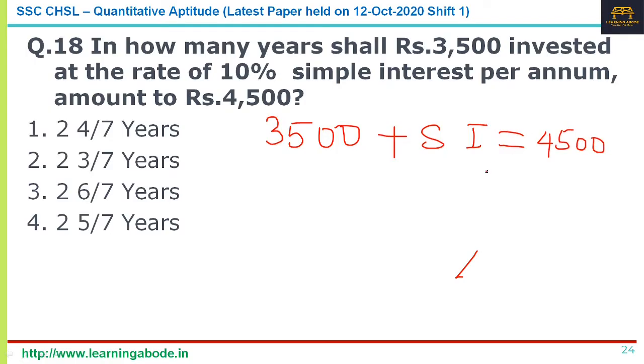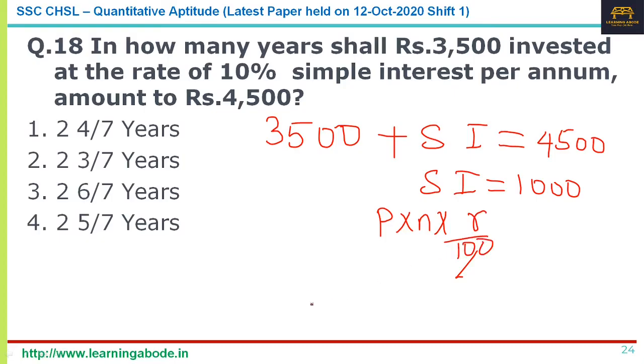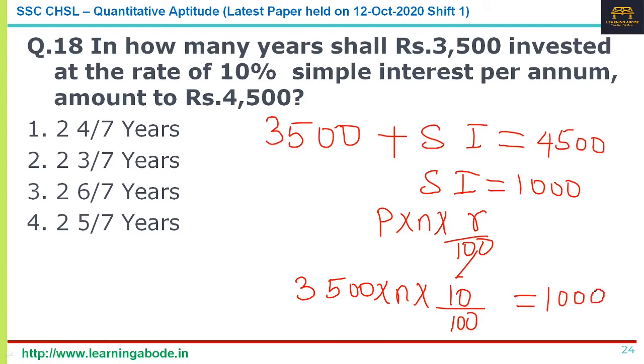So we know that the simple interest you have gained is 1000 rupees. Now, what is the simple interest formula? P into N into R by 100. Given in the question is 3500, N number of years, and R 10%. Now, this amounts to 1000.